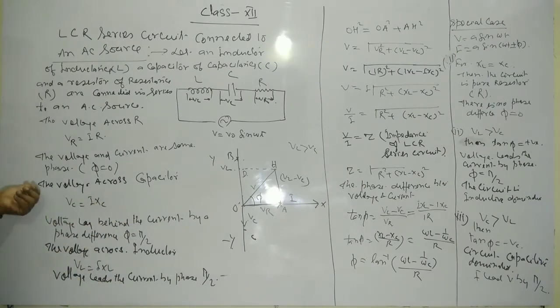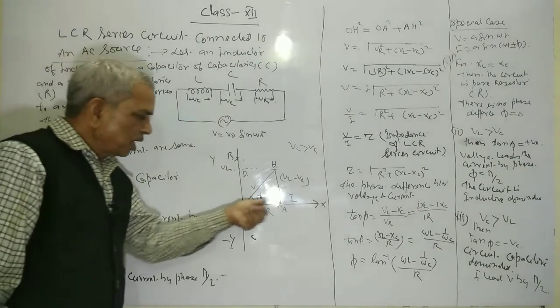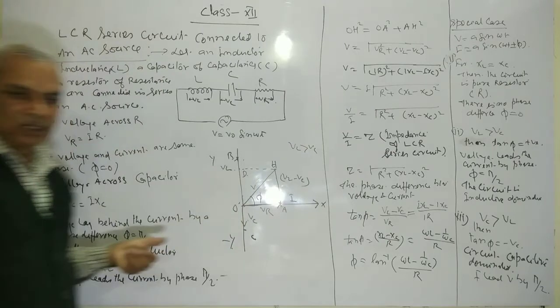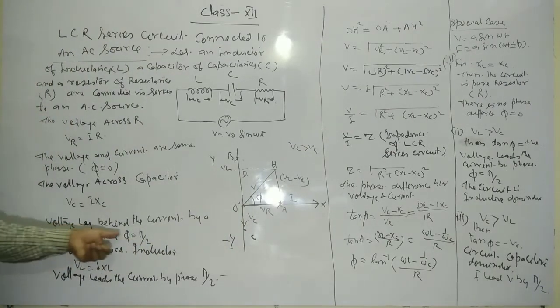But in case of capacitor, current leads the voltage by pi by 2.